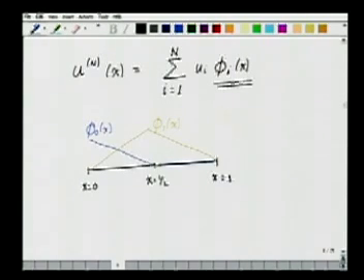Now these phi's I am going to define as so-called piecewise linear functions. These are piecewise linear and continuous.